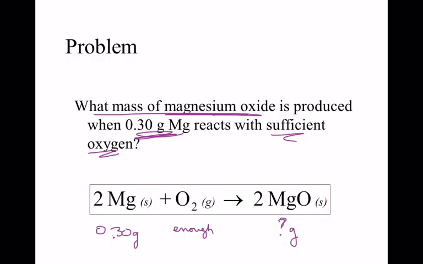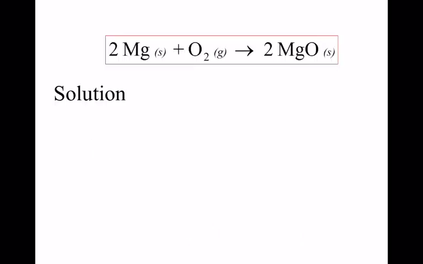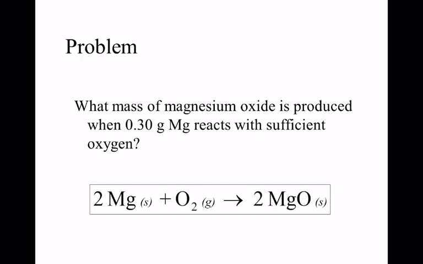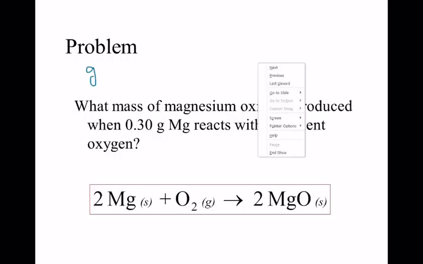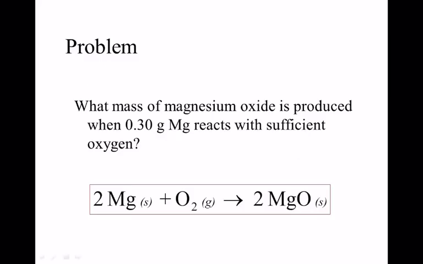So I'll diagram the way we're going to do this up here. We are going to go from grams of Mg to moles of Mg using the molar mass of Mg.